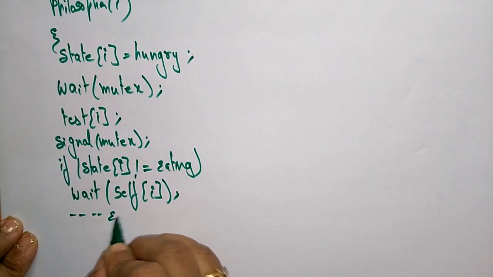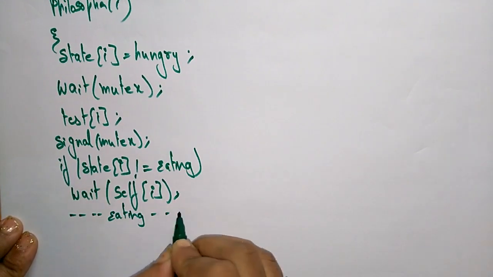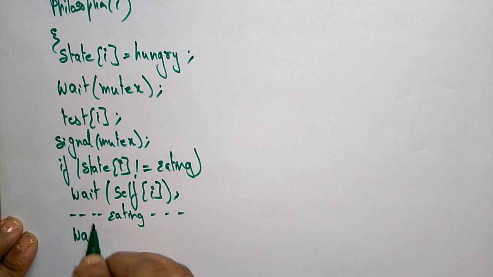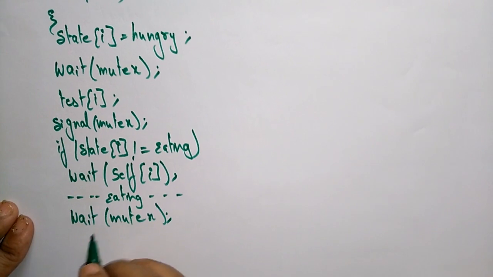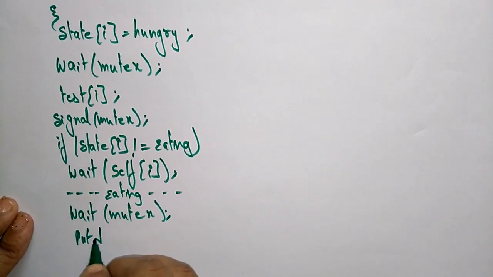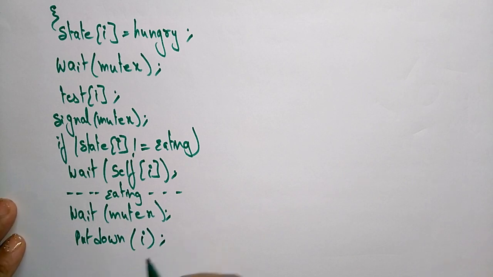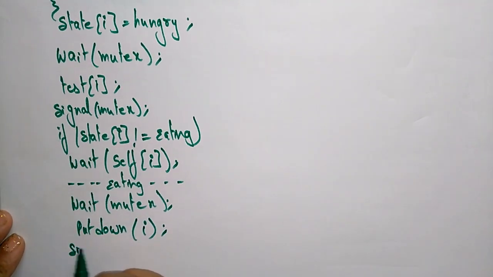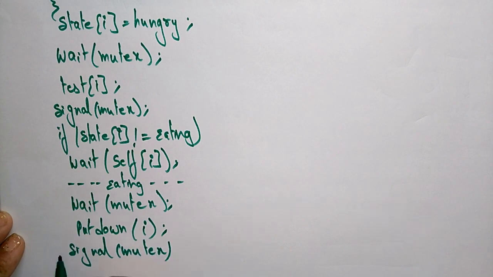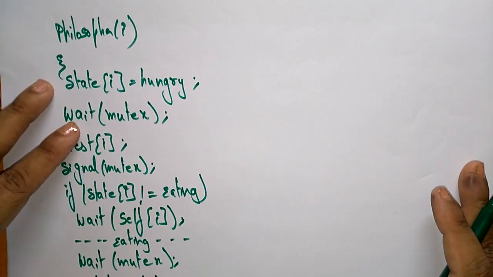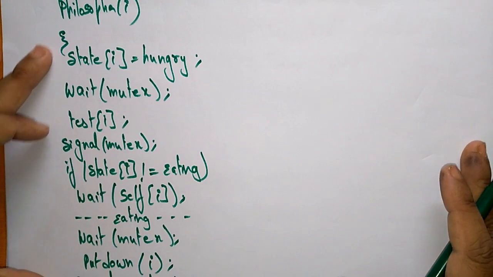He has to perform eating and call wait(mutex). After that I have to put down the fork. You have to call the function putdown(i), and just call signal(mutex). So this completes the philosopher i, the main function.